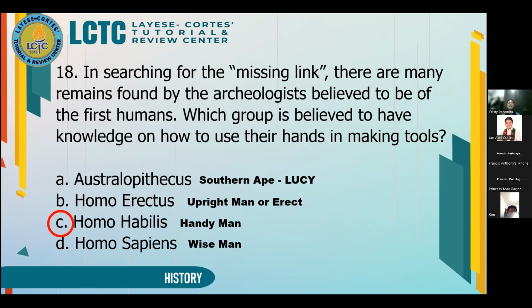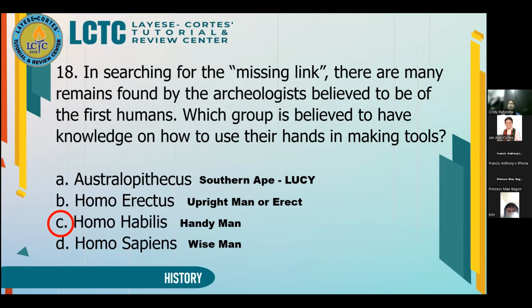This human species is considered more rational than the others, and it is one of the closest human species to modern humans. So Australopithecus, southern ape or Lucy; Homo erectus, erect or upright man; Homo habilis, handyman; and Homo sapiens, wise man.